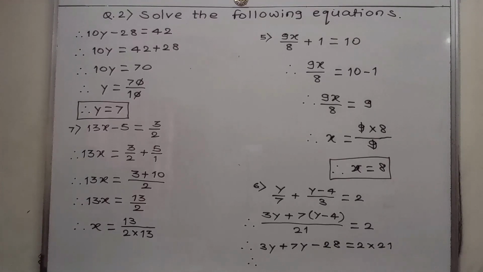Did you get it? 13, 13 cancelled. Here 13 into 1 is 13. Therefore, x is equal to 1 upon 2. This is our value of x.